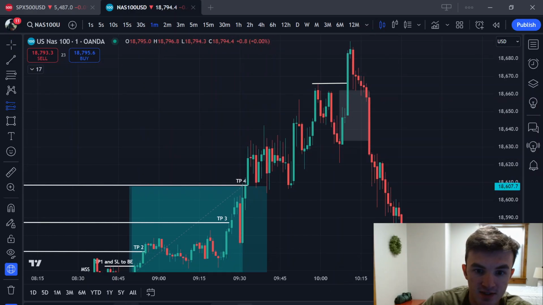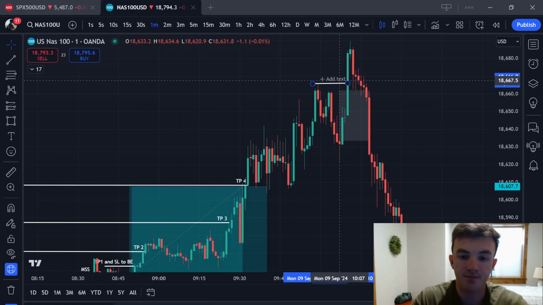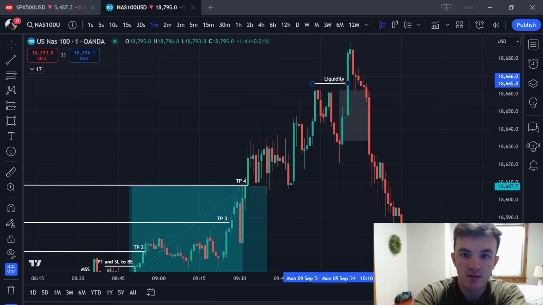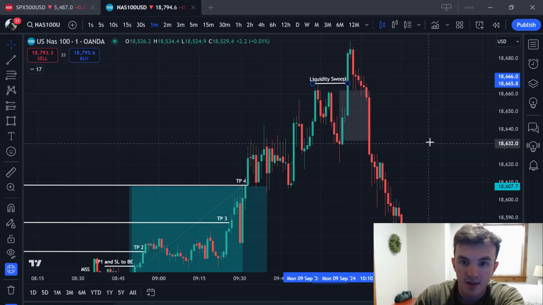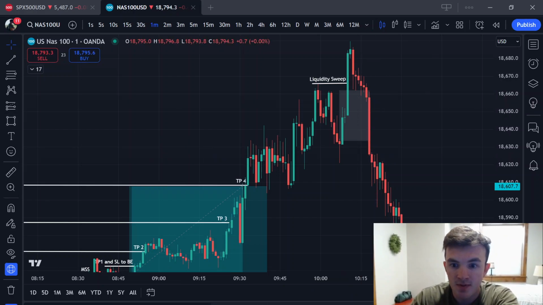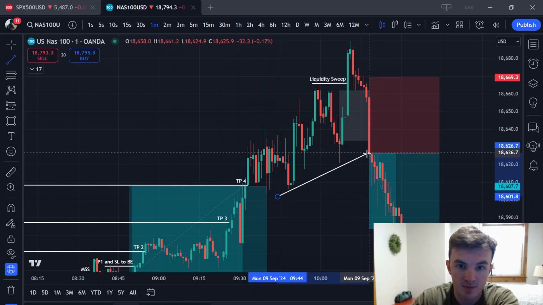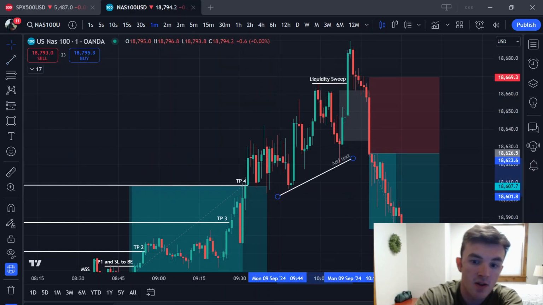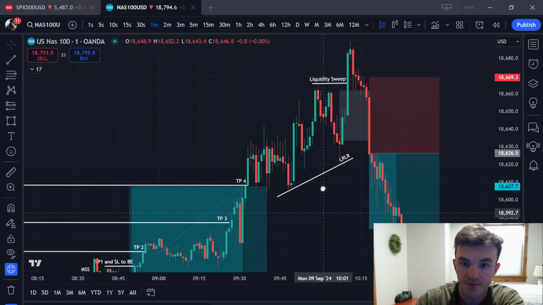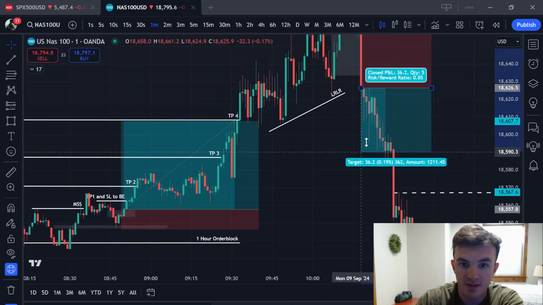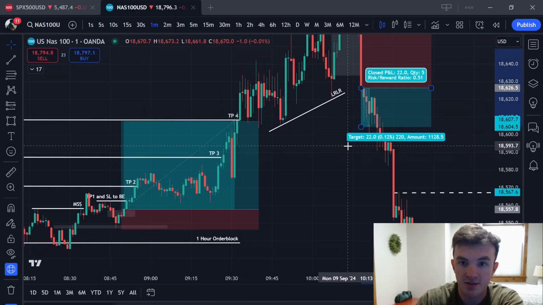You can see this swept buy side. Sweep. Close below. Here's where you enter short. You have clear low resistance liquidity being built up. And then target these lows.